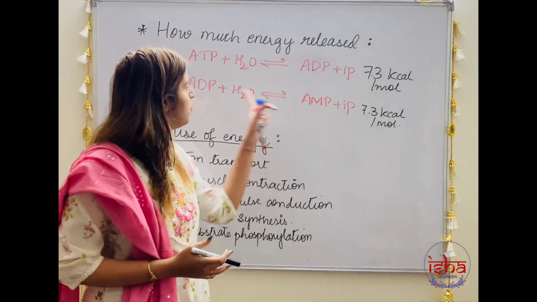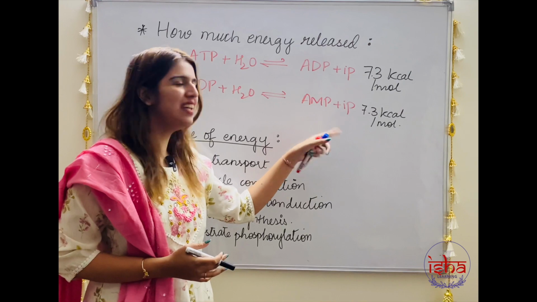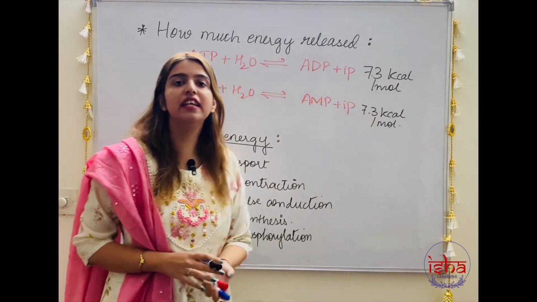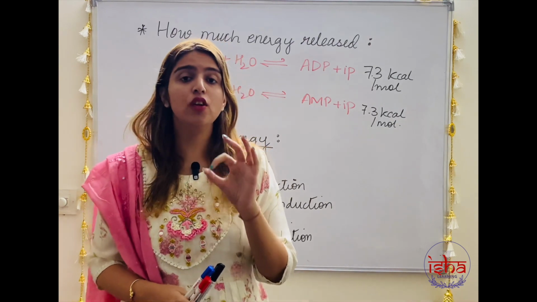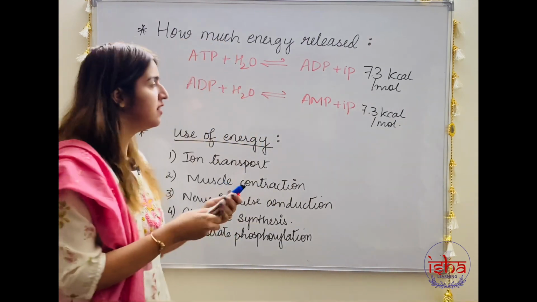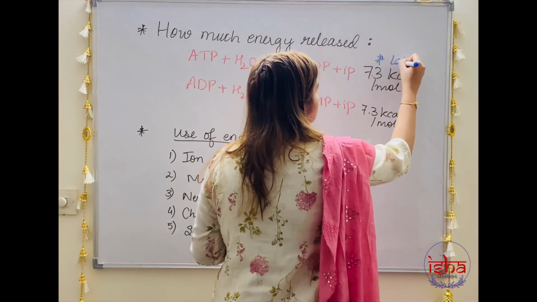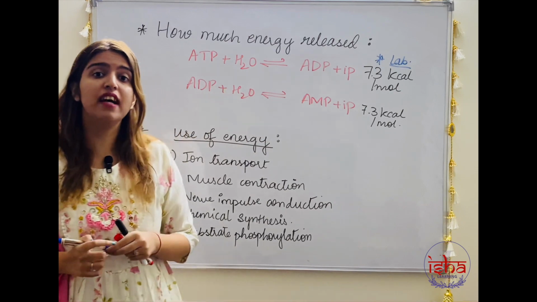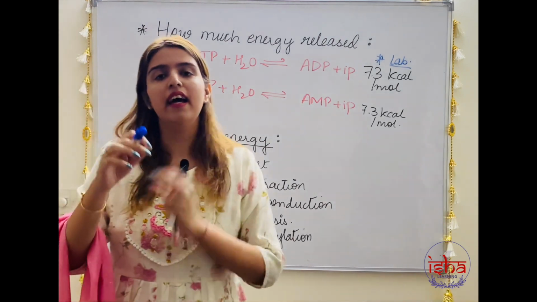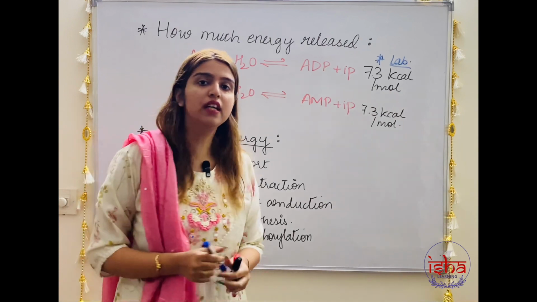Similarly, for every mole of ADP hydrolyzed into AMP, another 7.3 kilocal per mole of energy is going to be released. Now this, mind you, is in the laboratory conditions. It is hypothesized that in real life, in the actual cell, as much as 13 kilocal per mole of energy could be released.